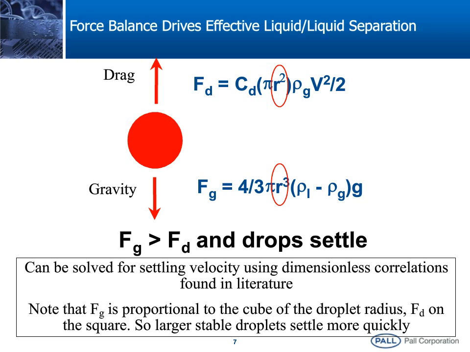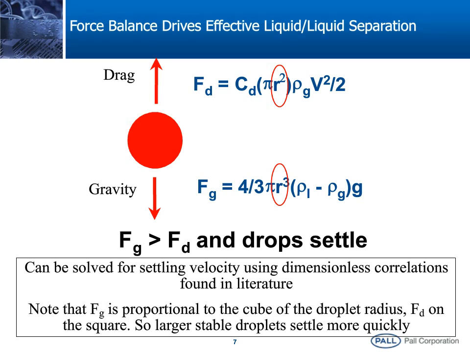This is being battled by the gravitational force, Fg, which is proportional to the cube of the radius of the droplet. So the important factor in coalescing is to make sure that we achieve a maximum stable droplet size so that the cube function outweighs the square function and we get effective settling, giving us good separation efficiency.